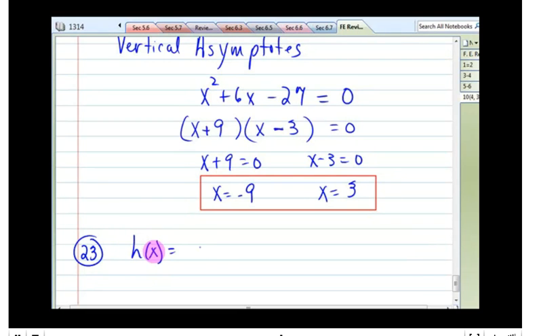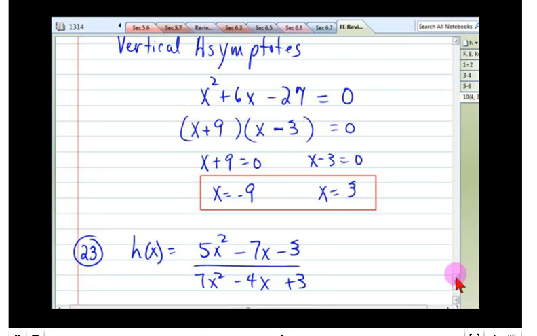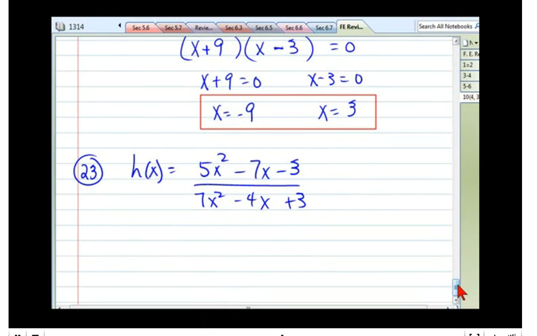H of x equals 5x squared minus 7x minus 3 over 7x squared minus 4x plus 3. So we have to look at the degree. What's n equal to? So n is 2, and m is 2. So that tells me n equals m.